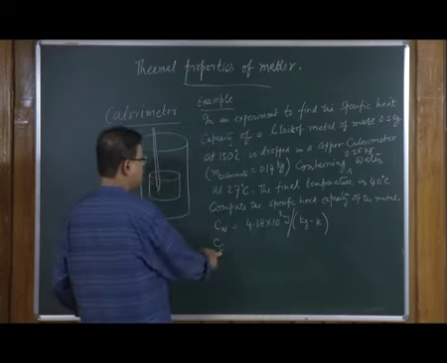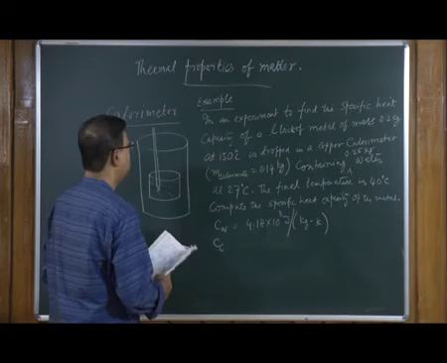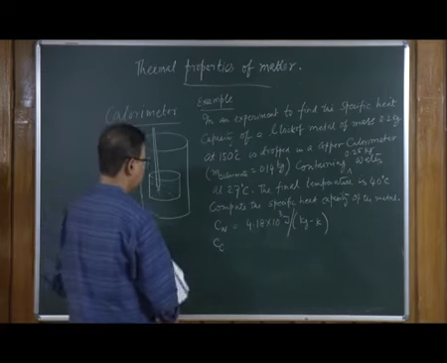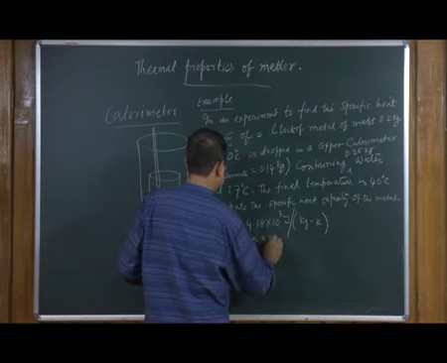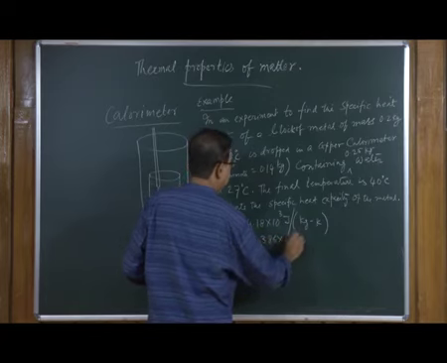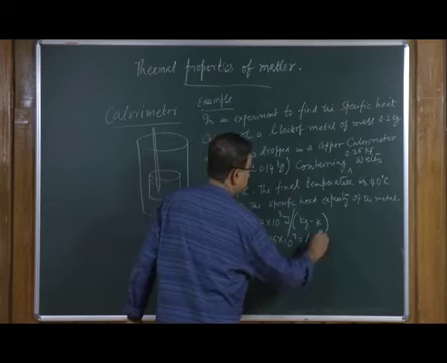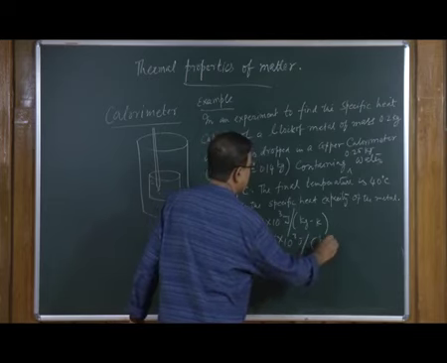C stands for calorimeter, W stands for water. So, this is equal to 0.386 into 10 cube joule per kg Kelvin.